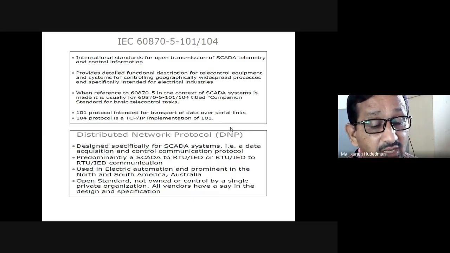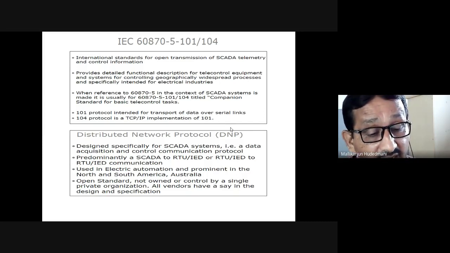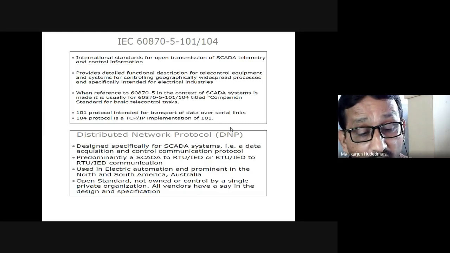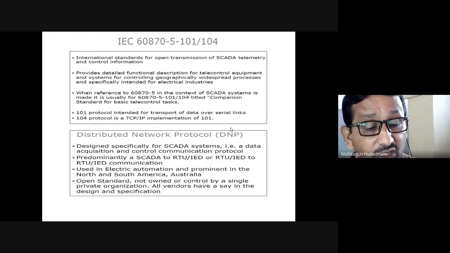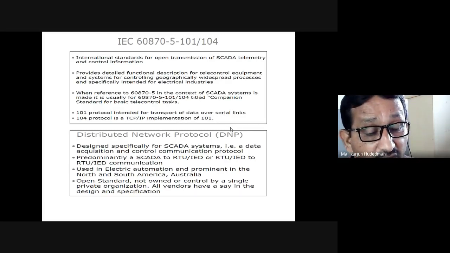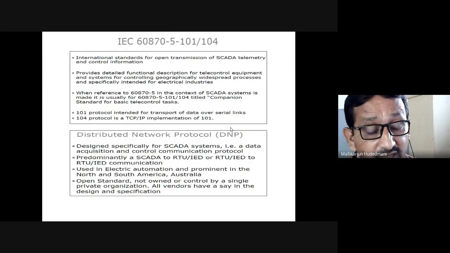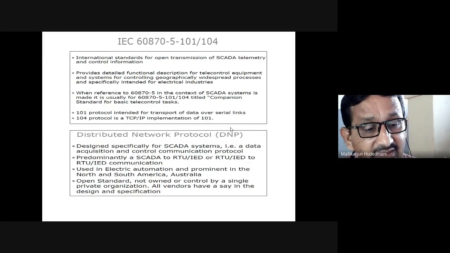You can see at the bottom, the 101 protocol is intended for transport of data over serial communication. 60870-5, if it is 101, is for serial communication. Serial communication may be point to point, point to multipoint. It is between connected devices only.